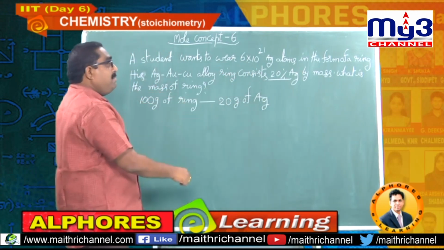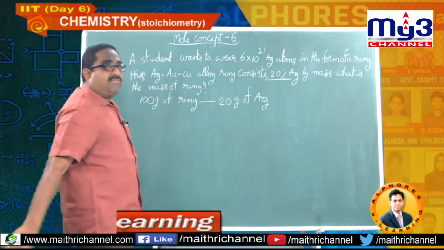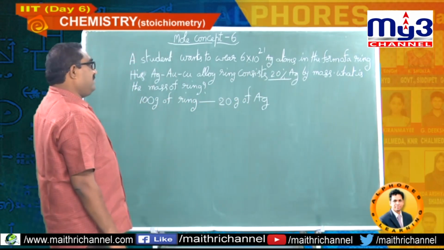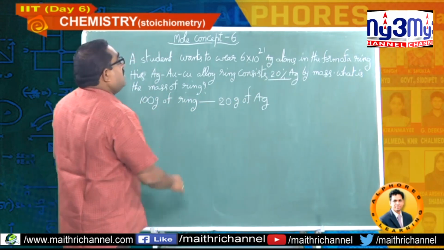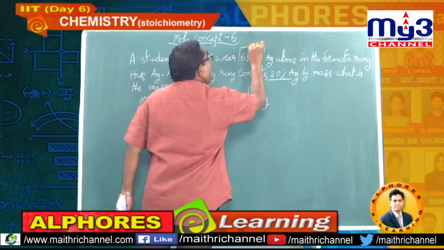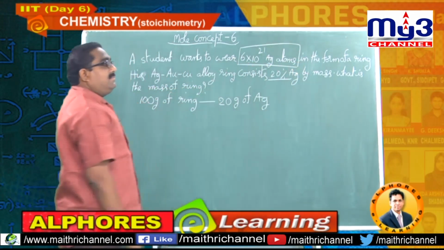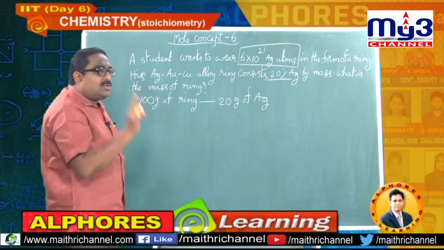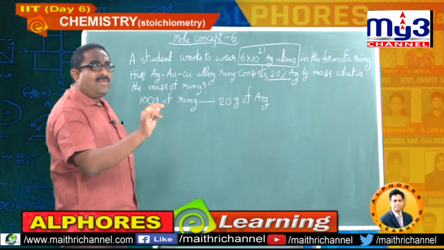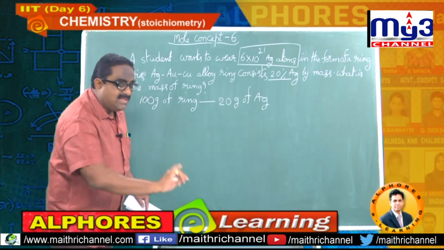That is nothing but the meaning of this 20% of silver by mass. Right. But one more condition he kept here. The student wants to wear 6 into 10 power 21 silver atoms in his ring.